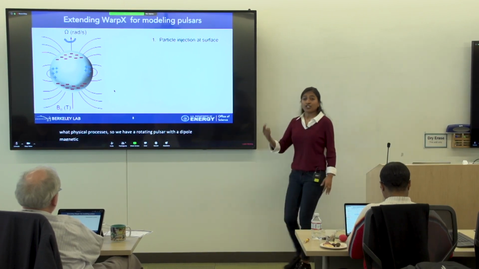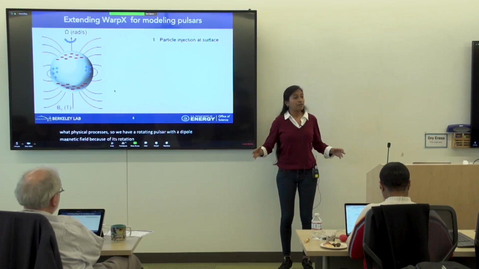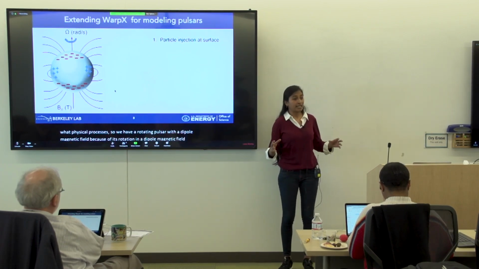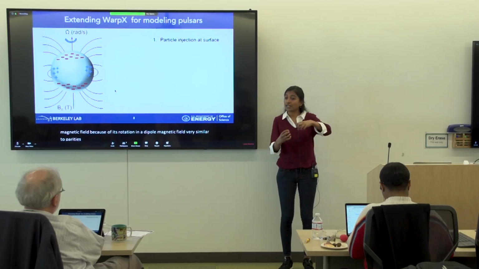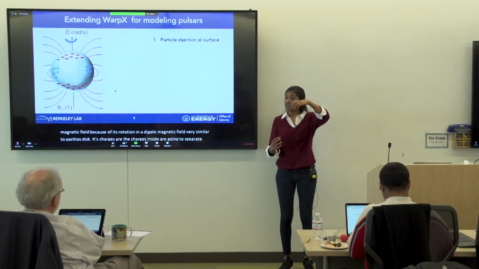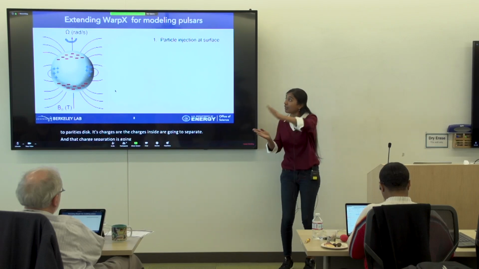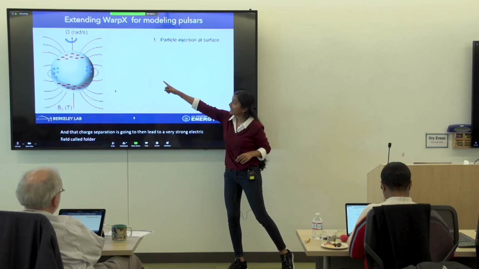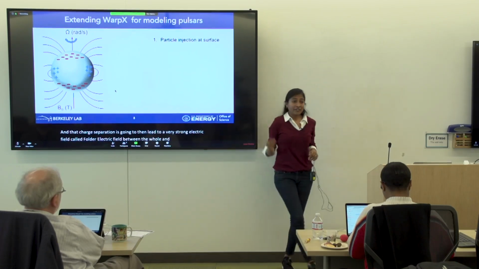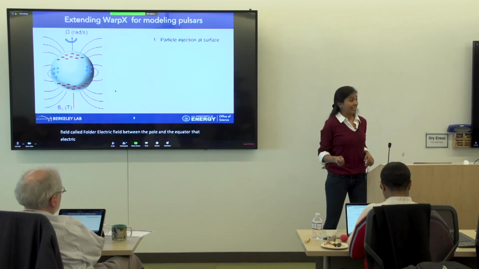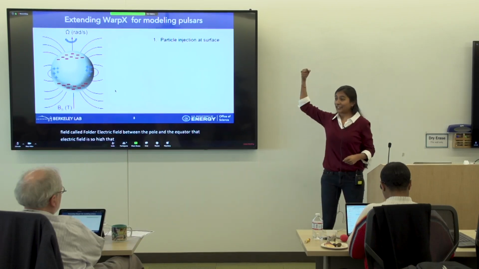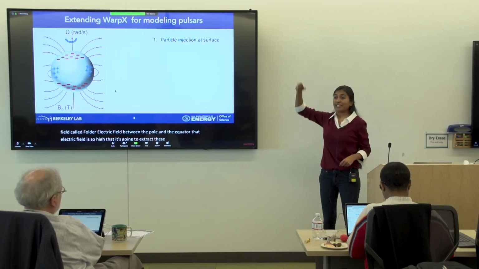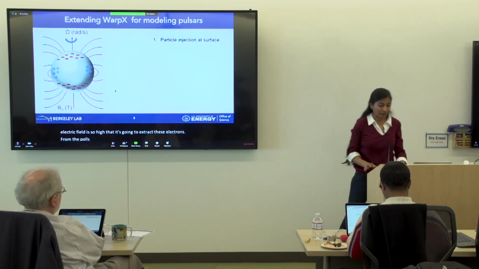Because of its rotation in a dipole magnetic field, very similar to Faraday's disk, the charges inside are going to separate. And that charge separation is going to then lead to a very strong electric field. It's called a poloidal electric field between the pole and the equator. That electric field is so high that it's going to extract these electrons from the poles and lead to radiation.